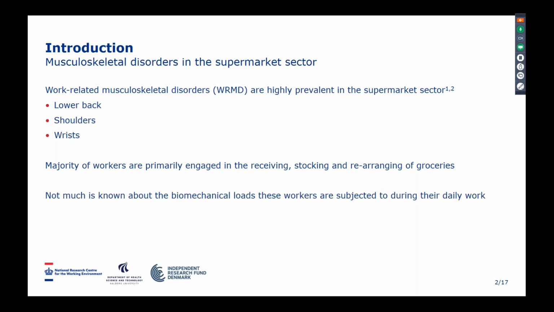However, not much is actually known about the biomechanical loads that these workers are subjected to during their daily work. As I mentioned before, the biomechanical analysis that has been made has targeted cashiers and check stands, and there have also been a few laboratory studies with motion analysis and EMG, but finding field studies which use some kind of detailed measurements or modeling are quite rare, if they even exist.